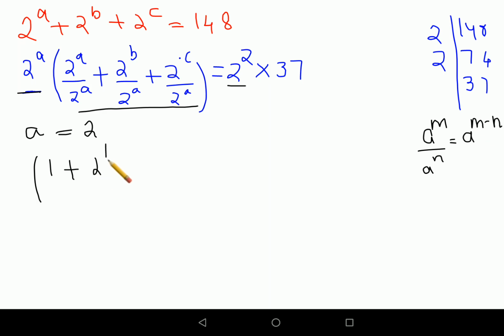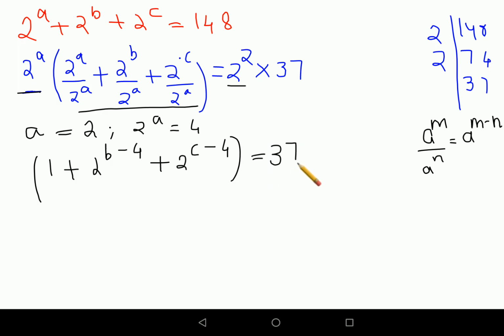So this is 2^b over 2^a, and since a is 2, 2^a is 4. Similarly, 2^c/2^a gives 2^c over 4. This equals 37.